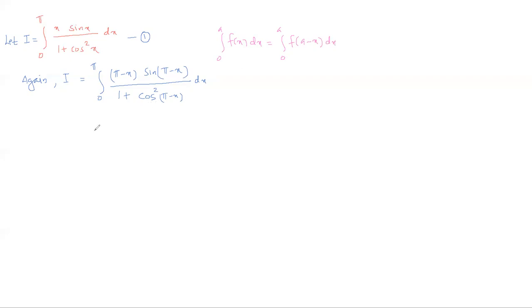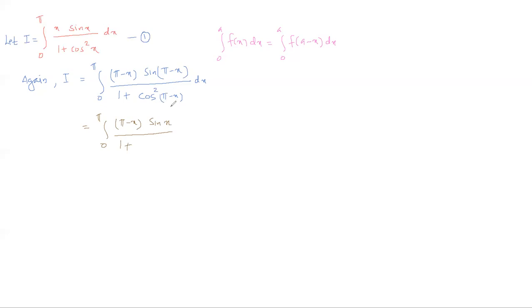So now this becomes integral 0 to pi, pi minus x times sin of pi minus x. Since it is pi, it will not change, I told you, so it will be sin x only. Then pi minus x is in the second quadrant, where sine is positive, so it is pi minus x times sin x. Then 1 plus cos of pi minus x is the same as cos x, because it is pi so it will not change, but in the second quadrant cos is negative.